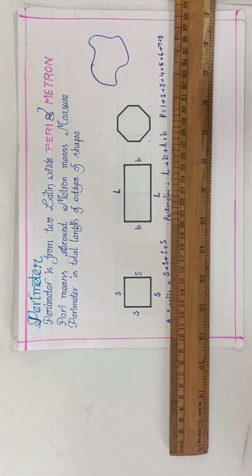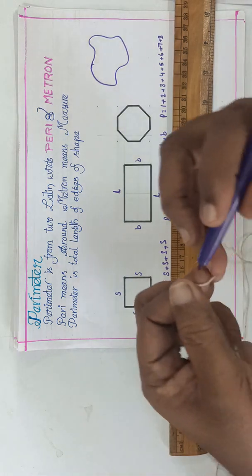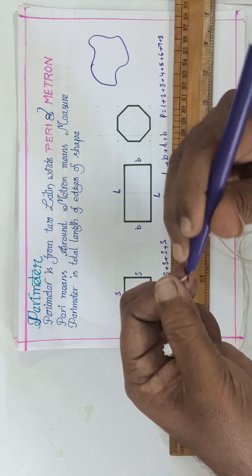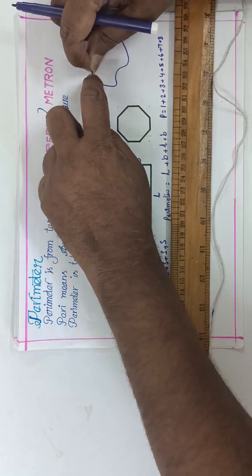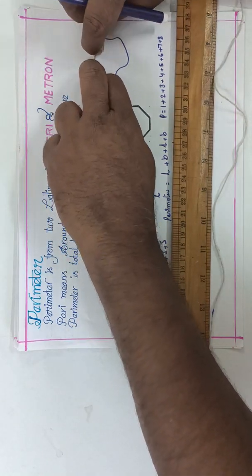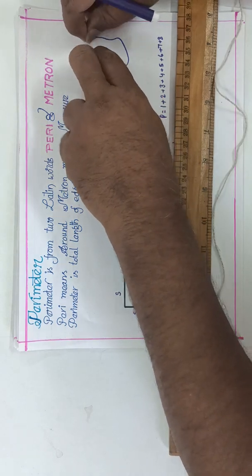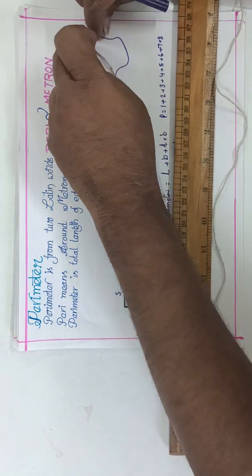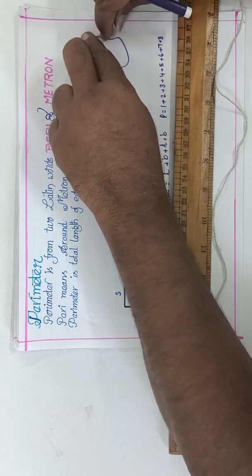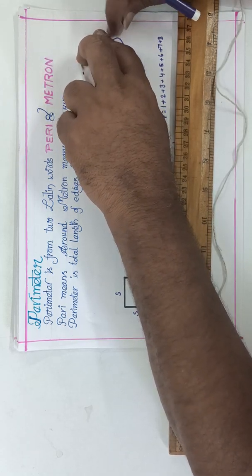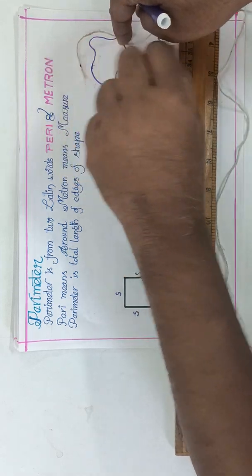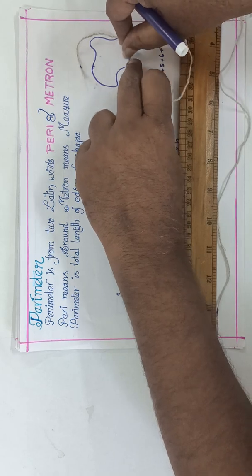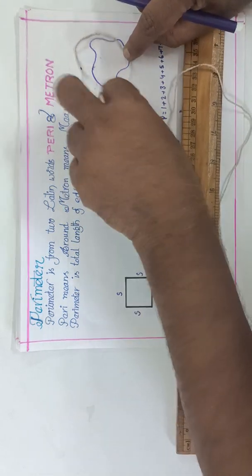So first take a thread, mark one end, and place the thread on the shape whose perimeter you want to measure. Please neatly place the thread and move your fingers on the shape like this.